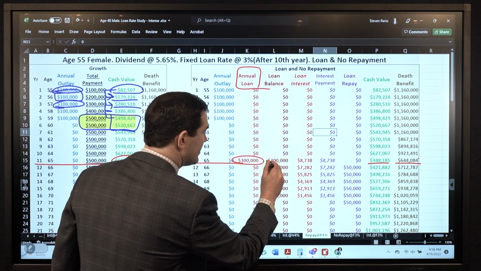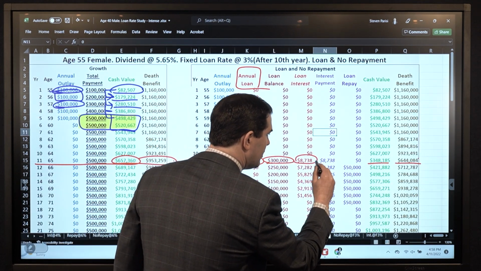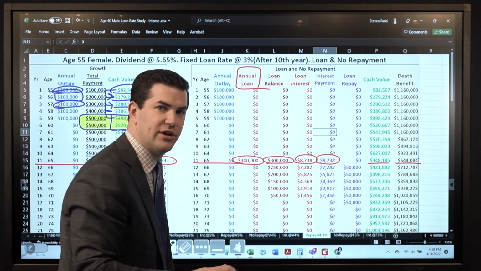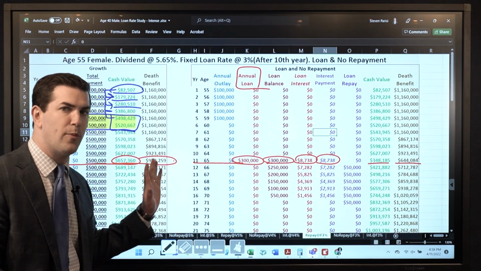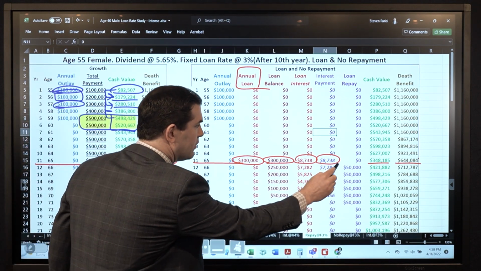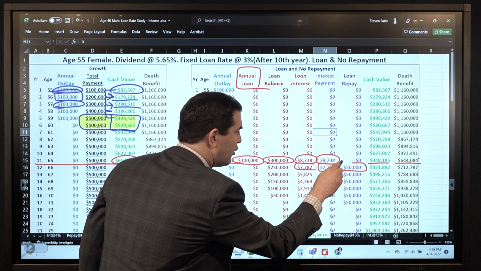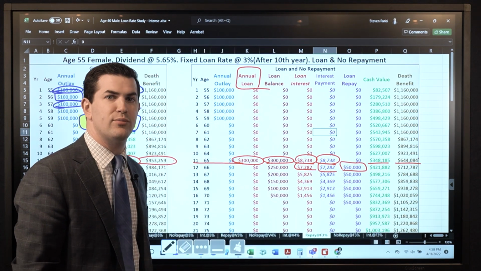But as we look at this guy, there's my loan balance. Loan interest comes due. I pay the loan interest in the first year. First year that I take the loan, I don't pay anything toward the principal. Beginning the next year, in purple, interest comes due. I pay the interest. I'm also applying $50,000 toward the principal balance.